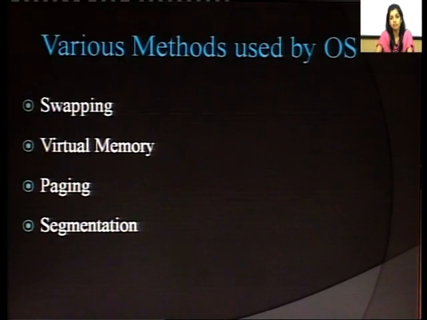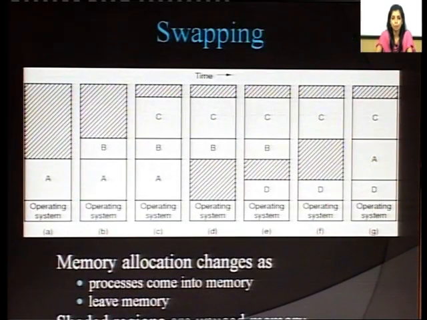There are various methods used by the operating system: swapping, virtual memory, paging and segmentation. Swapping means, for example, if we have 10 pages in memory and an 11th page requests space, we replace one page with the recently requested page.